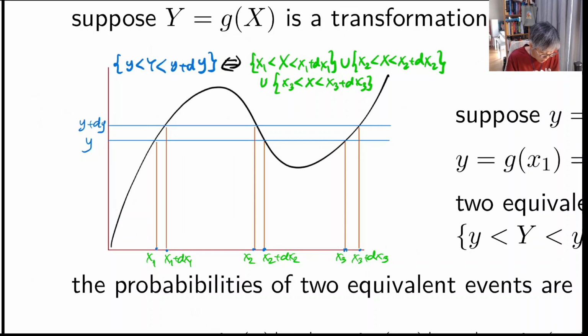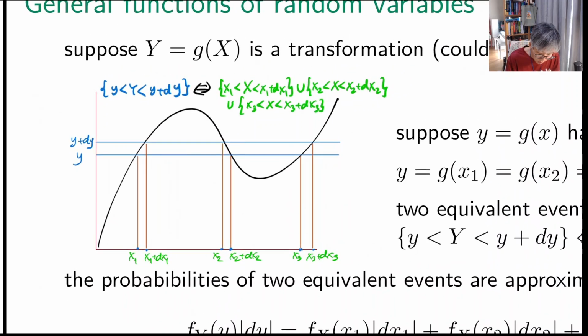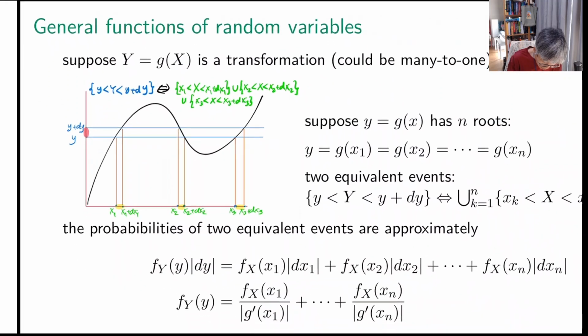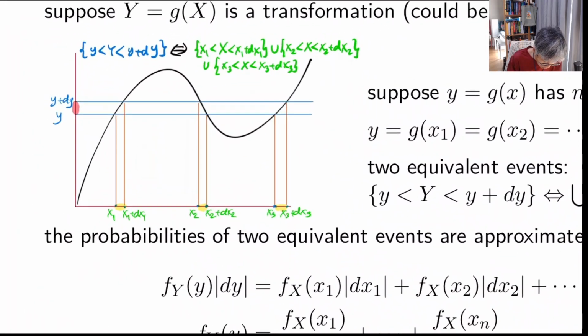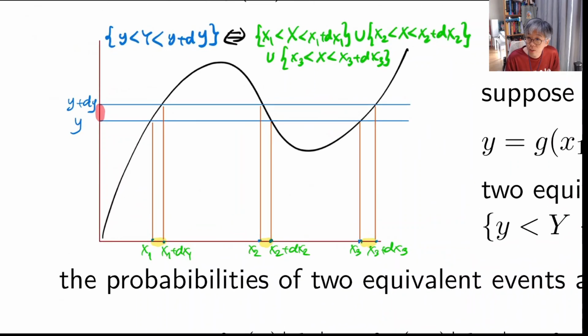If I perturb y a little by dy, of course you're going to see some perturbation of the roots x_k by dx_k. Now the interval that y lies in is equivalent to the set of events in the yellow intervals.